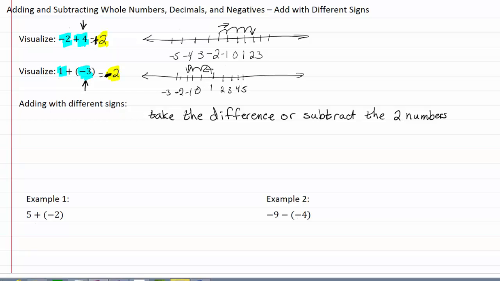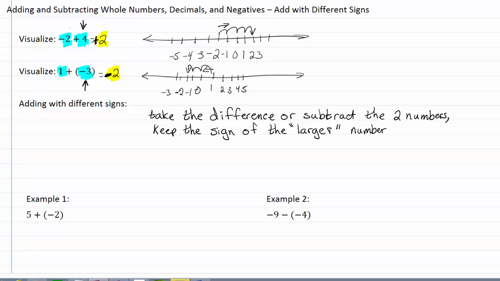So what that means for us, in trying to find a rule so that we don't have to use a number line all the time, is that we're going to take the difference or subtract the two numbers, and then we're going to keep the sign of the "larger" number.